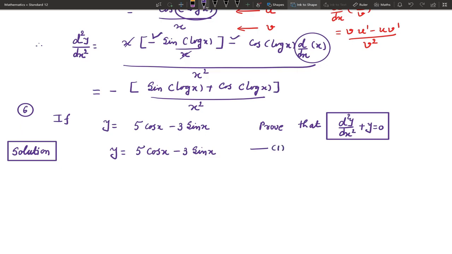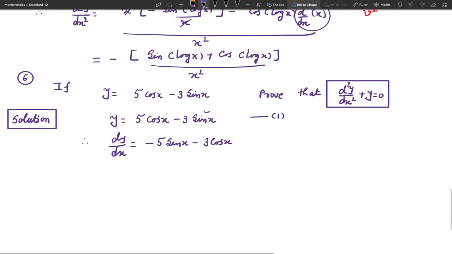So again, if we differentiate this one, first derivative is dy by dx, derivative of cos minus, and derivative of sin x, it is cos x, 3 cos x, but outside we have minus sign. So derivative of cos, it is minus sin x, and d by dx of sin x, it is cos x.